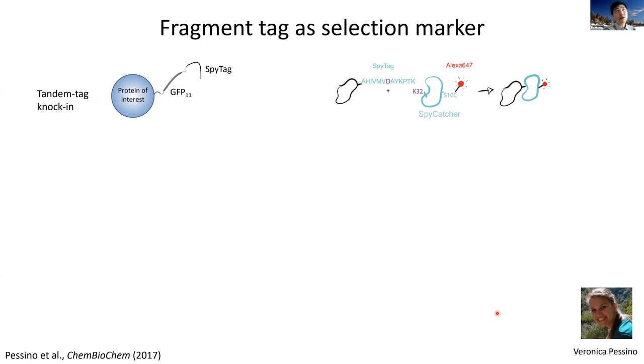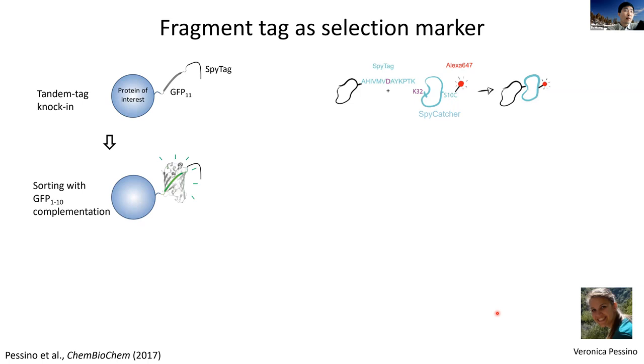In this case, we could use a tandem fused FP11 tag as the selection marker, and then express the FP1 to 10 to sort it, so that we can get the knock-in cell population.